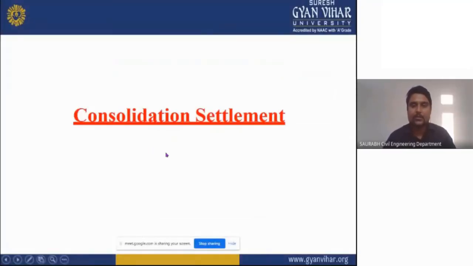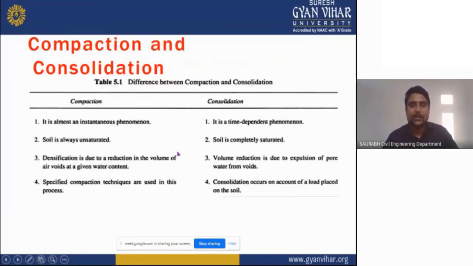Now we will see the consolidation settlement. What is the consolidation settlement? Compaction and consolidation. First, you have to understand the difference between compaction and consolidation. Here you can see compaction is an almost instantaneous phenomenon, and consolidation is a time dependent phenomenon. In compaction the soil is always unsaturated.